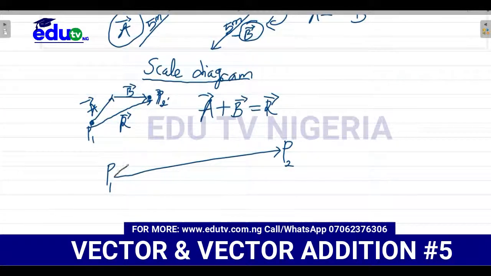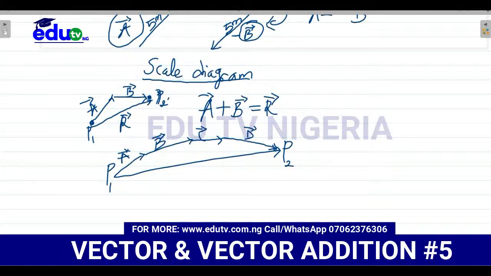Like we have this one, we have another this way, we have another like this way, we have another to this point P2. So let's name this one vector A, vector B, vector C, vector D.